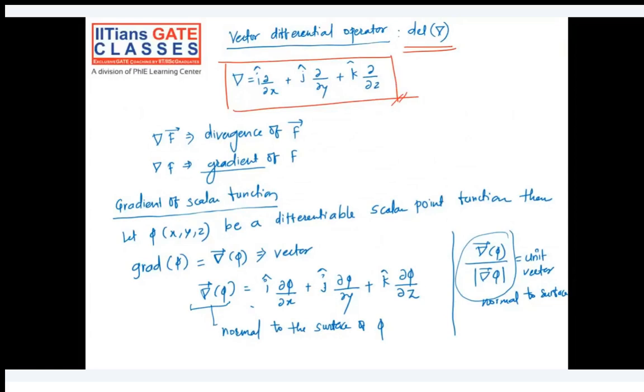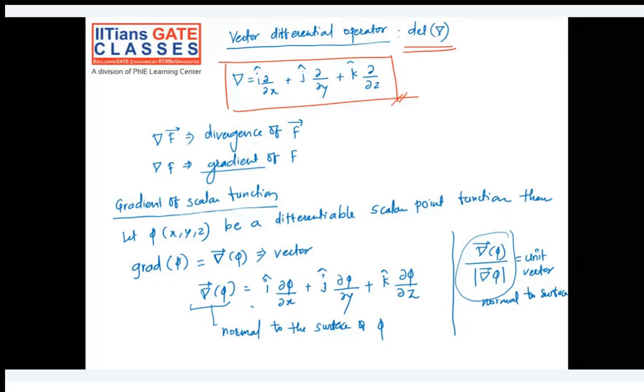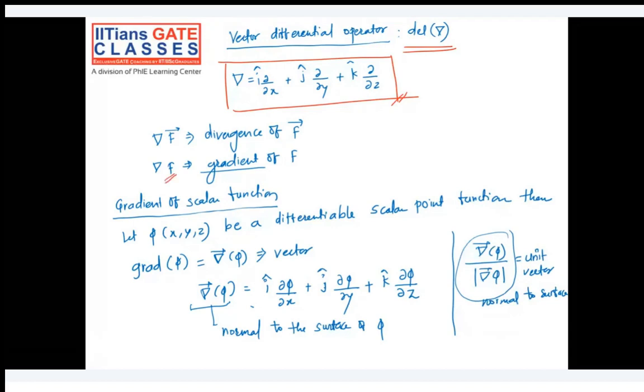Now you know the vector point function and the scalar point function, right? If f is a scalar point function and you apply the del operation on it, then it's the gradient of f.